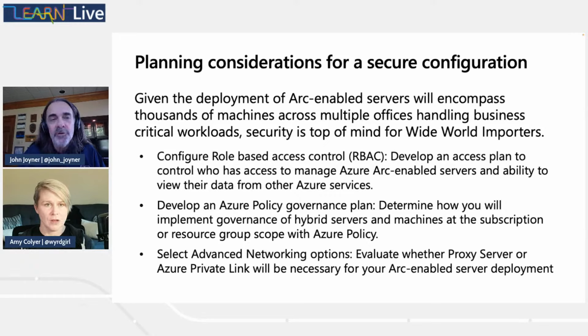So although the general mode of operation is that every single Azure Arc machine reaches out directly over the internet to the back end of the service, there's also a capability to deploy an Azure Arc private link, which would have an endpoint in an Azure virtual network.